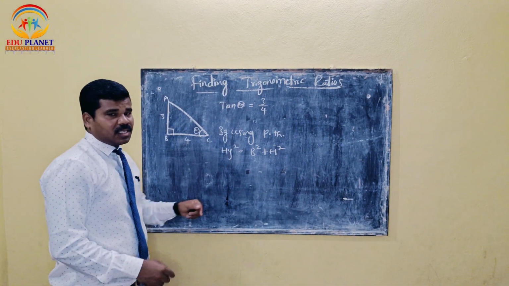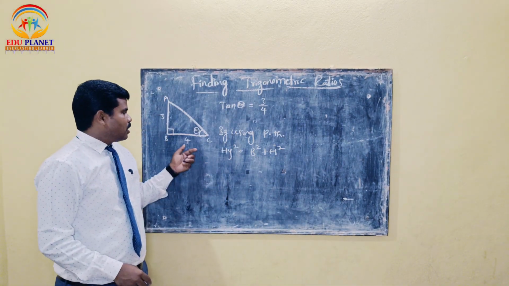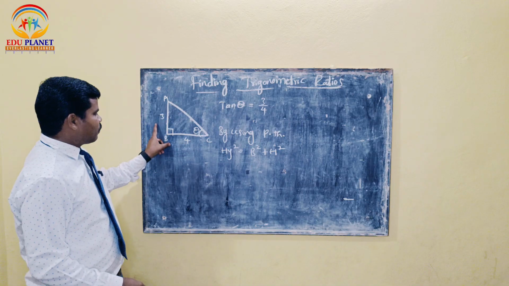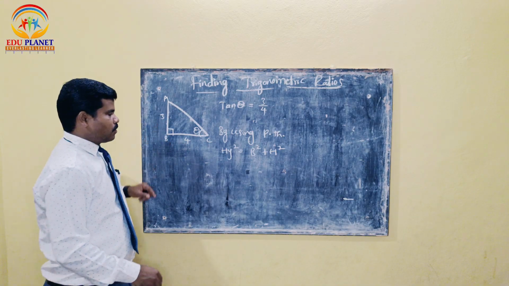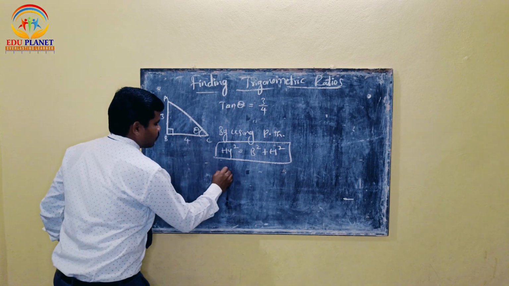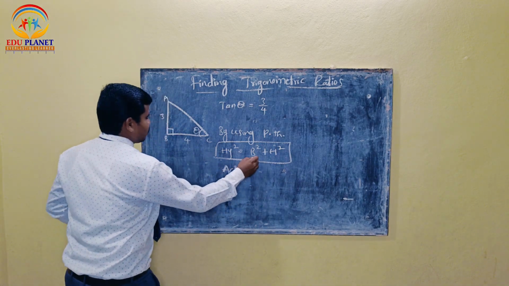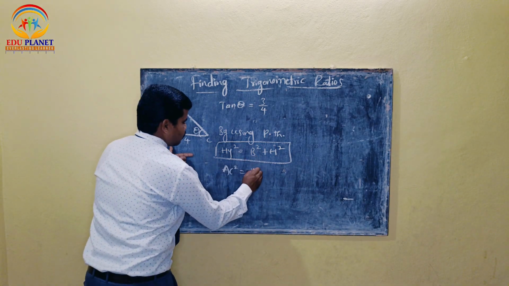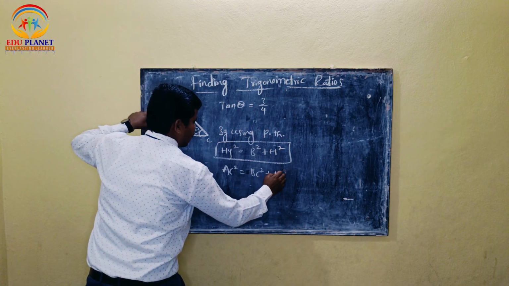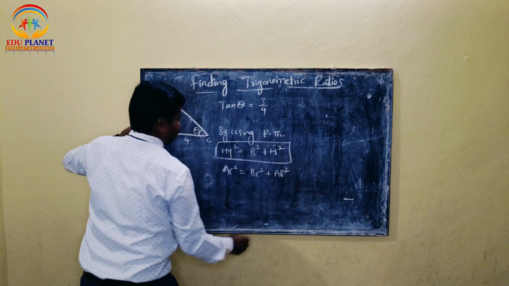Or in other words, in a right triangle, the longest side squared equals the sum of the squares of the remaining two sides. What is the hypotenuse here? AC. AC square equals base square. Base is BC. And height square, height or altitude, that is AB.